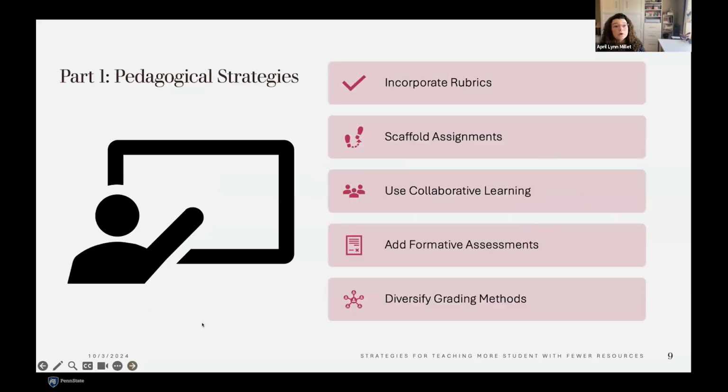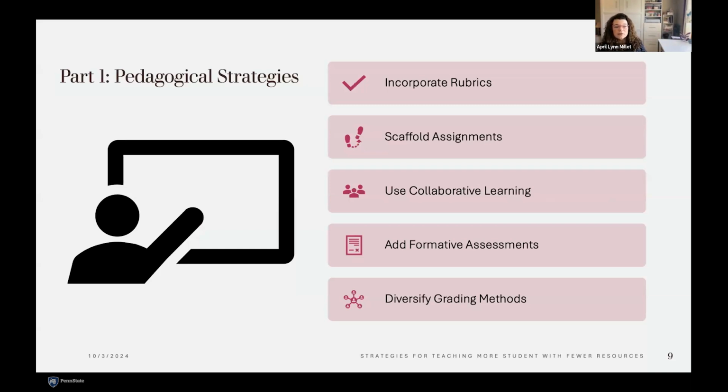Okay, so part 1 are pedagogical strategies. There are numerous pedagogical strategies that can be used to streamline grading for large enrollment classes, which save faculty a lot of time and a lot of effort.